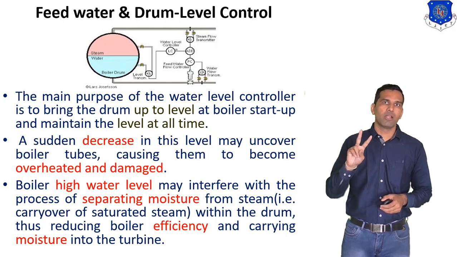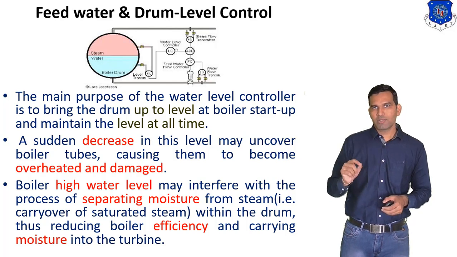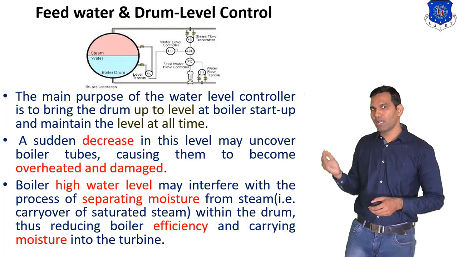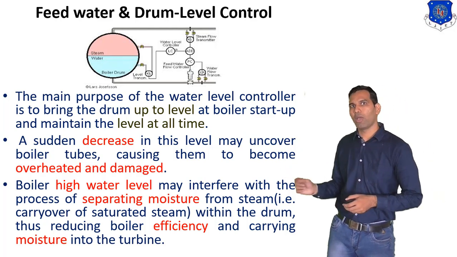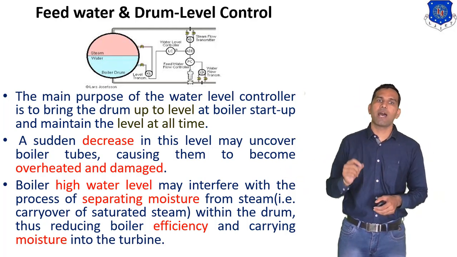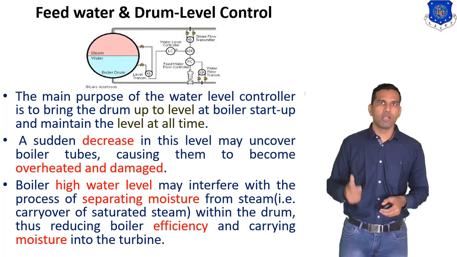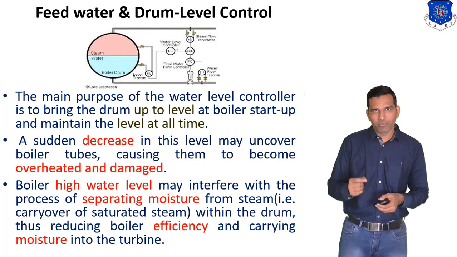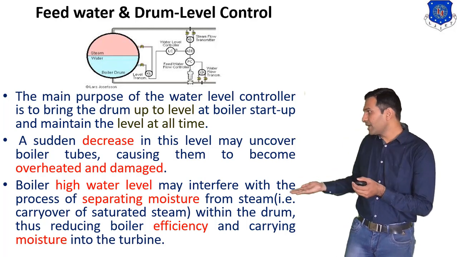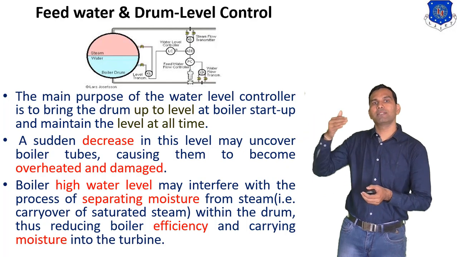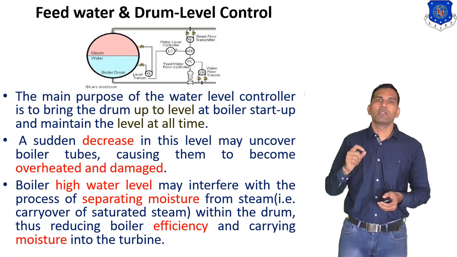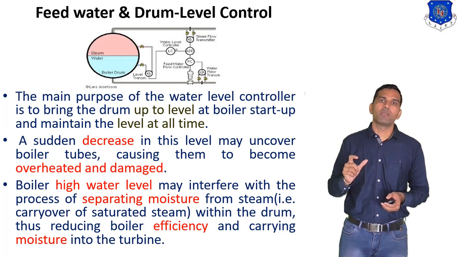So here we discuss two reasons. First, if the water level inside the drum suddenly decreases, there is a chance of overheating or damage to the boiler tube. And if the water level increases beyond some limit inside the drum, a problem is created.